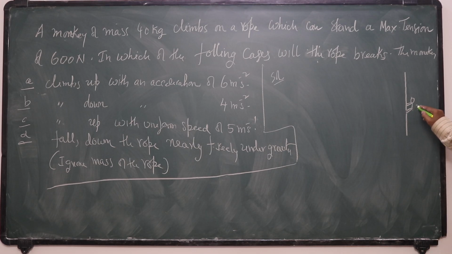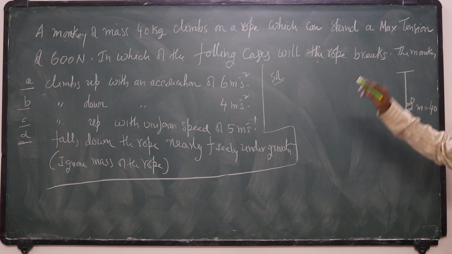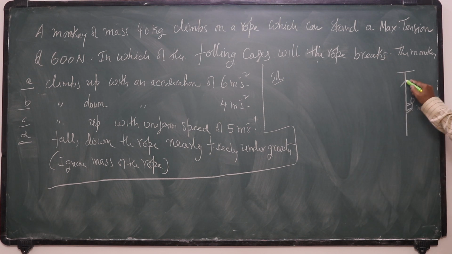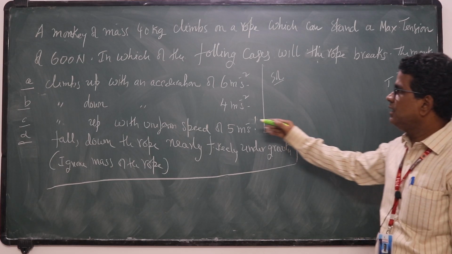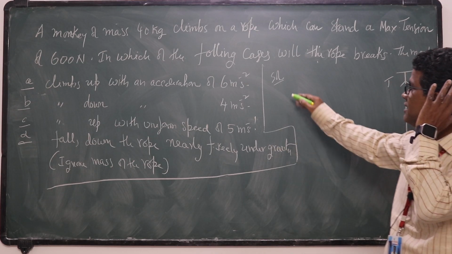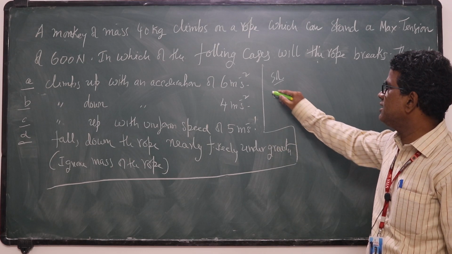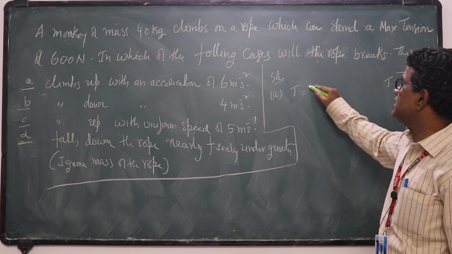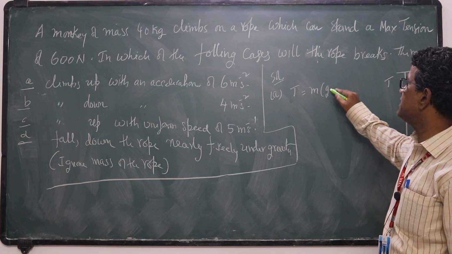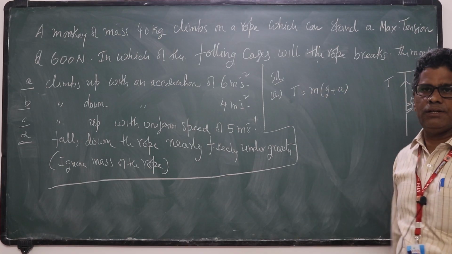What is the mass of the monkey? 40 kg. When this monkey climbs the rope with an acceleration, the tension in the string will change. Case A, if it is moving up with an acceleration a, then the tension in the string is m(g plus a), isn't it?